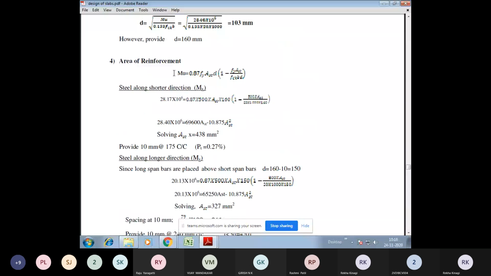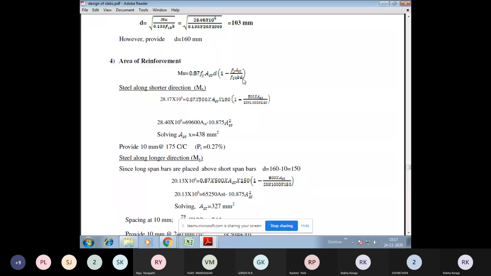So in order to calculate, either we can use this equation, which is the equation in the code book, that is 0.87 fy Ast d into 1 minus fy Ast divided by fck b d. Or else we can use one more equation which we have already used in the design of beams, where we'll get Ast as a single value.